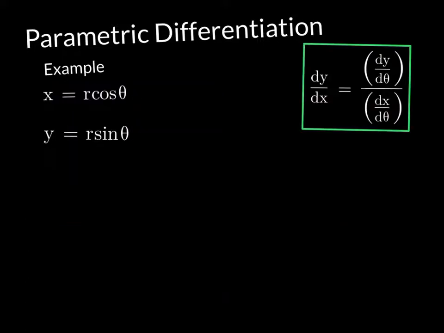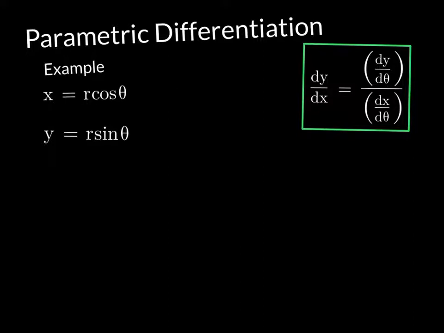So let's say we have this equation of a circle where we now have x equal to r, the radius, multiplied by cos theta, and y equal to the radius multiplied by sine theta. If we are asked to find dy by dx, the first thing that we have to do is differentiate each of these x and y in terms of the third variable theta.